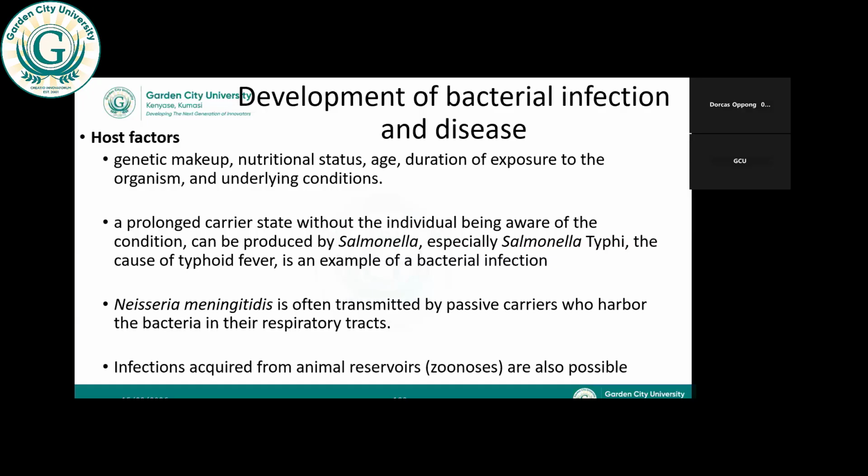Then you can have meningitis coming from those who are carriers of Neisseria meningitidis. They don't show any symptoms. They're just moving about. And then those who come into contact with them because of a shared room or something, they get the infection.